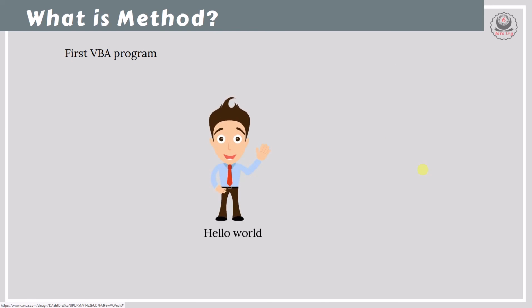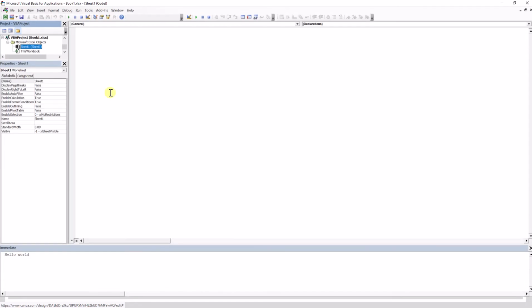Then we will run our first program using VBA. One second. So this is Sub, first program name, say first, Debug.Print Hello World.